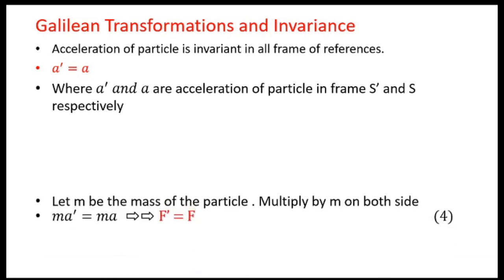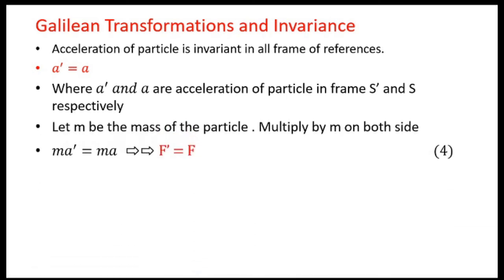Now if m is the mass of a particle and we multiply both sides by the mass m, and we know according to Newton's second law, force is equal to mass into acceleration. So we get ma' is equal to ma. If we represent this by force F' and this by force F, then we get F' is equal to F. This is our equation 4.